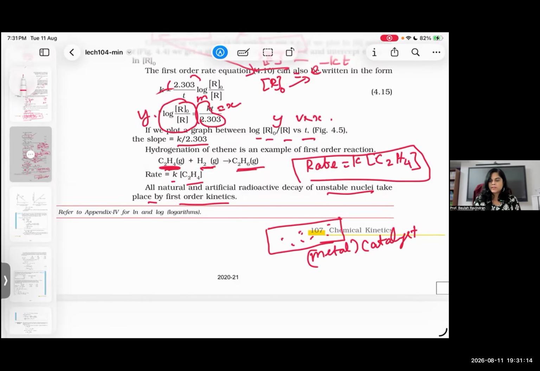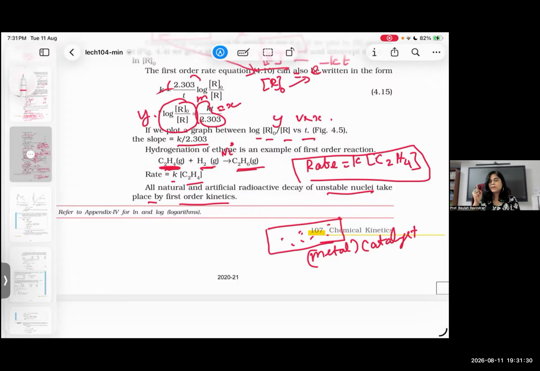So in the presence of nickel here, this is the metal surface. Nickel is the metal surface; we can also use palladium, platinum, etc. It is fully covered with absorbed hydrogen atoms inside the metal.